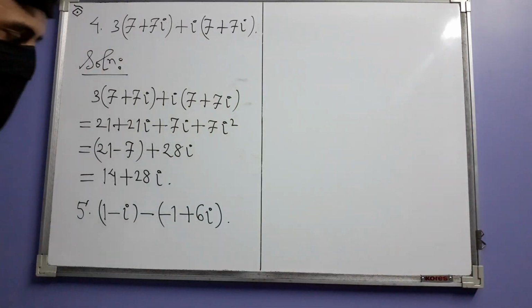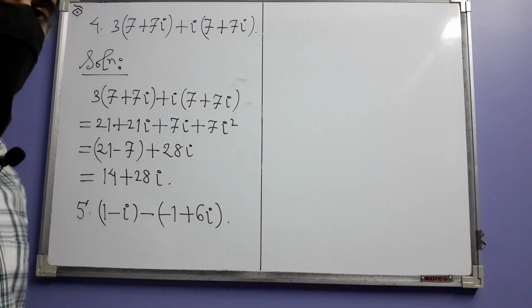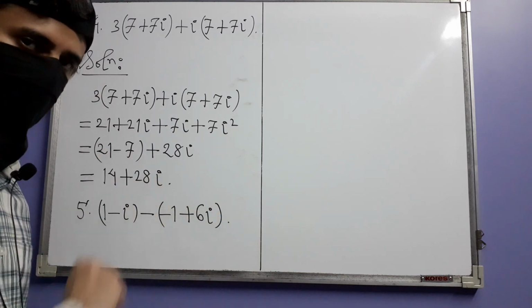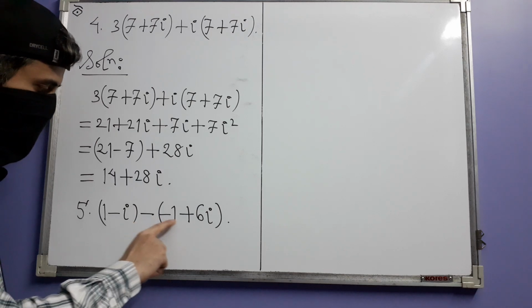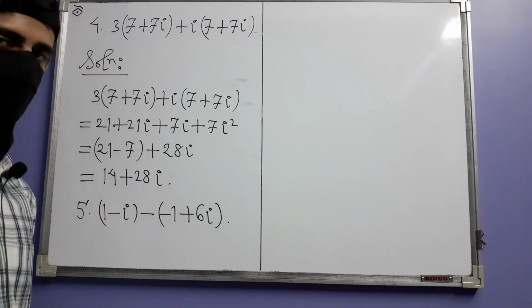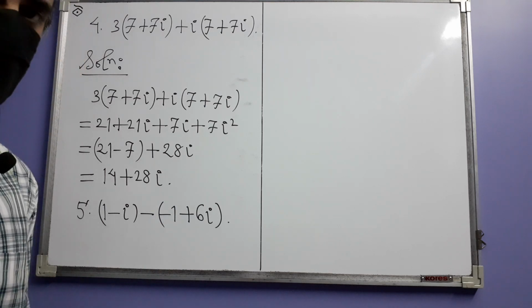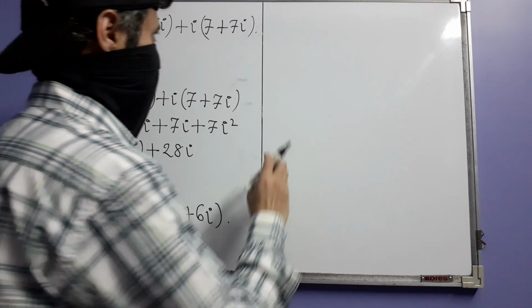Two slightly different ways. You can straight away apply the definition of subtraction of one complex number from another. Or you can first do this calculation here, multiply this complex number by minus. Okay, so I think the second way is better because there is less chance of making a mistake.